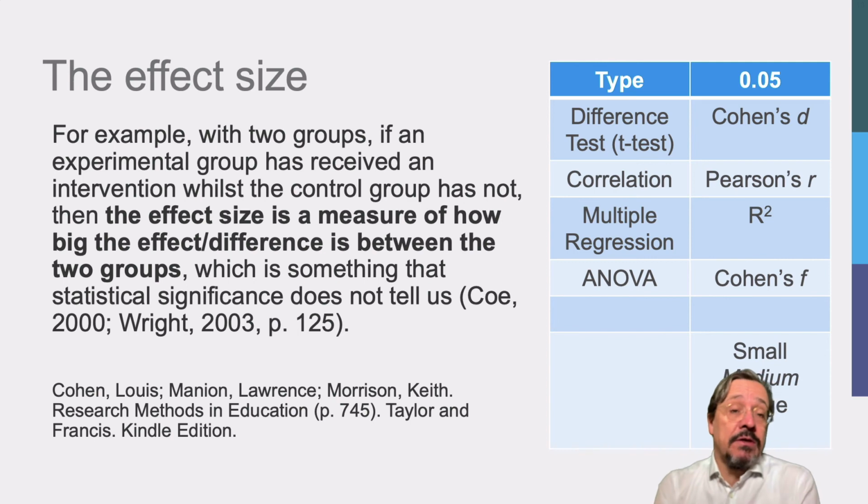There are different ways to calculate it. Typically, it's differentiated into small, medium, or large effects. But this basically means how strong the effect is. And be careful with the word effect: it's not a causal relationship, but it shows how strong this relationship is.